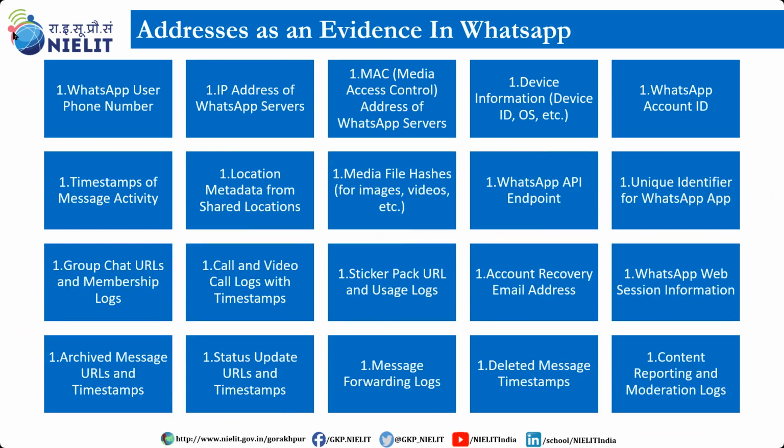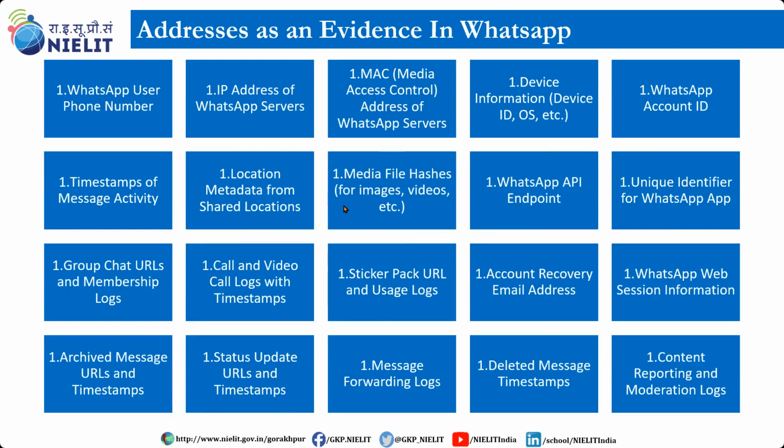Similarly, WhatsApp can have some information like the WhatsApp user phone number, then the IP address of the WhatsApp server, then MAC address, then device information, then WhatsApp account ID, then timestamp, location metadata from shared location. So this metadata is helpful. We will cover all this topic in the digital forensic part.